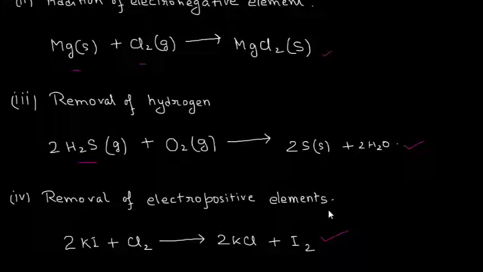Now removal of electropositive elements. So what are electropositive elements? Removal of electropositive elements is an oxidation reaction. In a periodic table, on the left hand side, for example, sodium, potassium, these are electropositive elements.